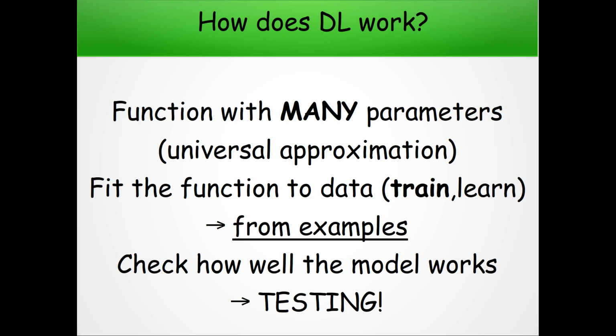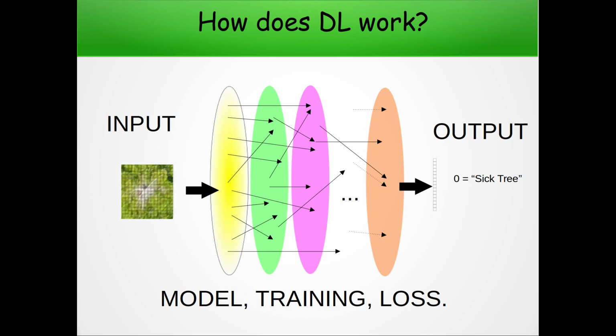Then I will take another, different part of my data and check how well the model works. With this second part of the data, called testing data, I will just pass it through, not give the model the correct answer, and then I will check whether or not the answer that it's giving now is correct. The difference is that in the training step, I use the answers for every image to change the parameters and to see if I did well or not.